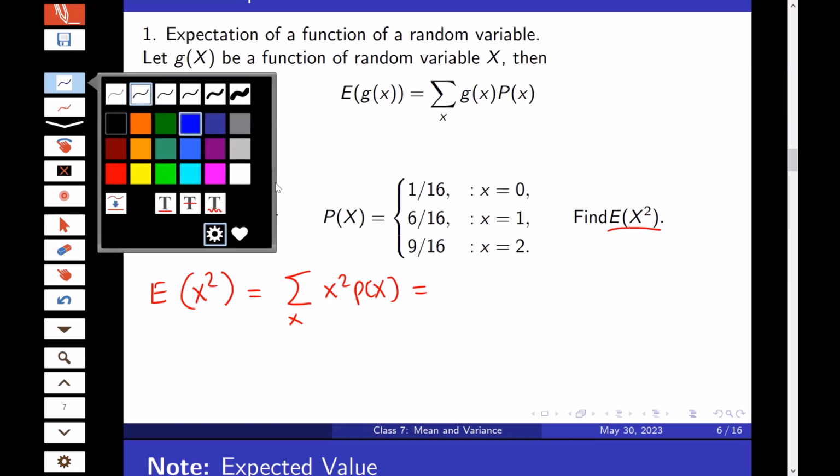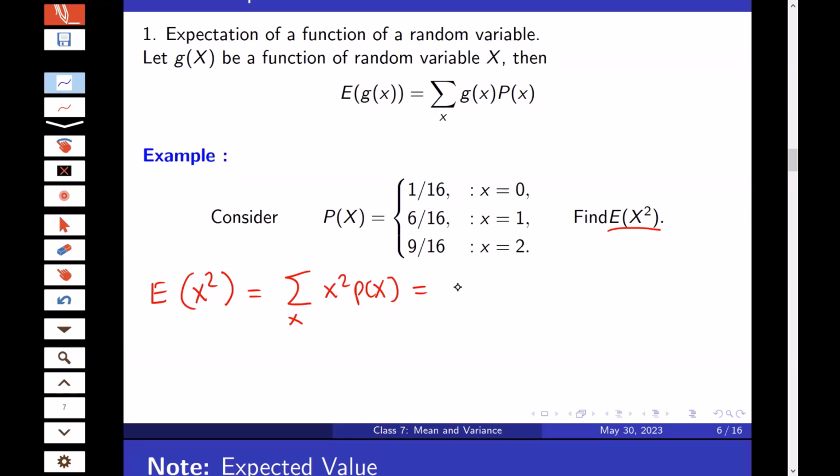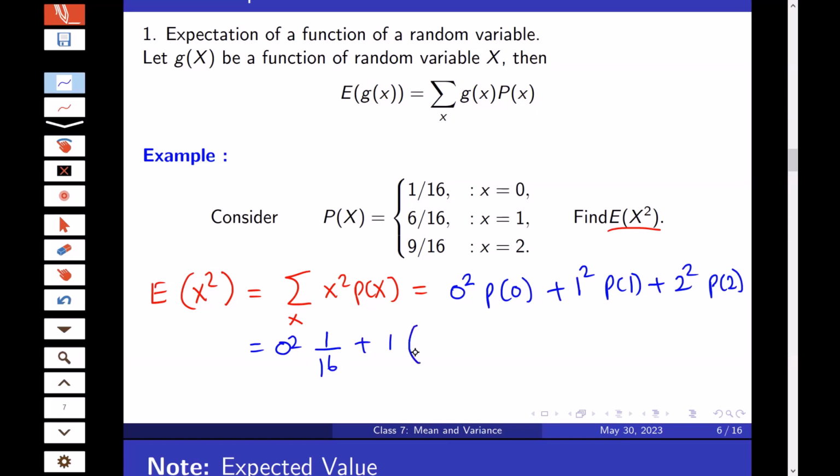First substitute 0 square P of 0 plus 1 square P of 1 plus 2 square P of 2. Now find this value by plugging in: 0 square, probability of 0 is 1 over 16, plus 1 square is 1 times probability of 1, which is 6 over 16, plus 2 square, 9 over 16.